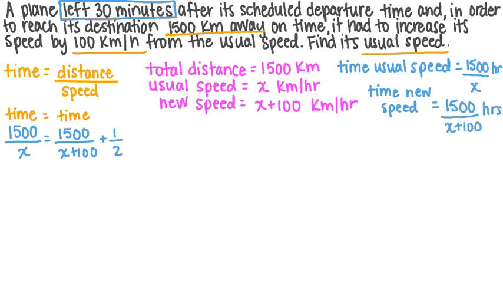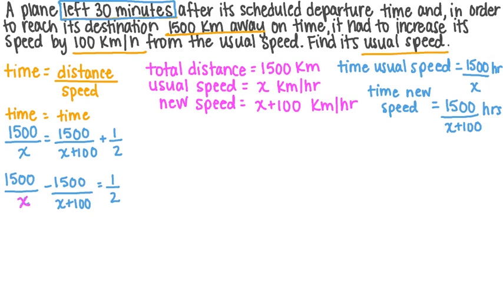So now we need to solve for x, the usual speed. And in order to solve, let's go ahead and get the x's all on one side of the equation. So let's subtract the 1,500 divided by x plus 100 from both sides of the equation, so it's on the left-hand side. Now in order to solve, we need to get a common denominator and move all of the x's up to the top.